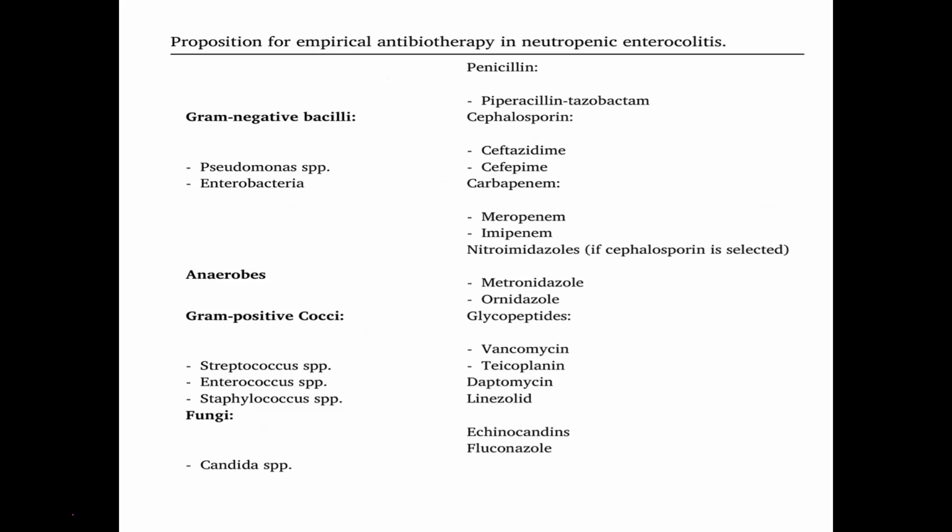Gram-negative bacilli are the most implicated, and if available, piperacillin and tazobactam would be preferable because it has a broad spectrum. Cefepime is another important drug which is effective against Pseudomonas species. Ceftazidime, in our center, bugs have been becoming resistant to it.